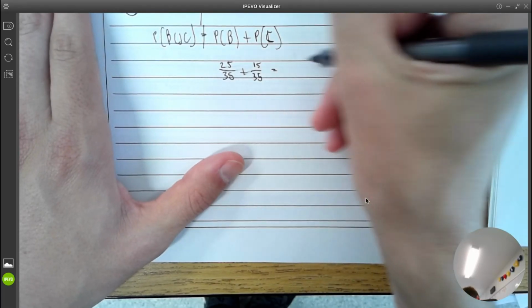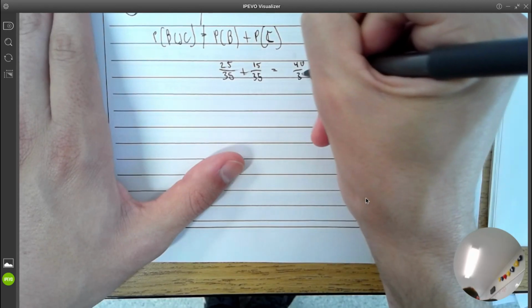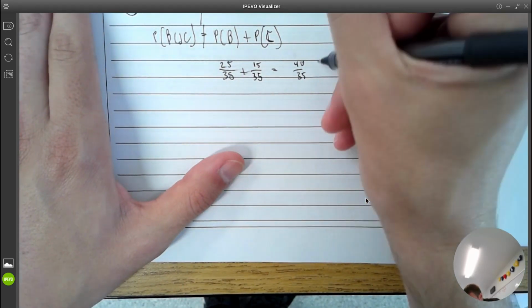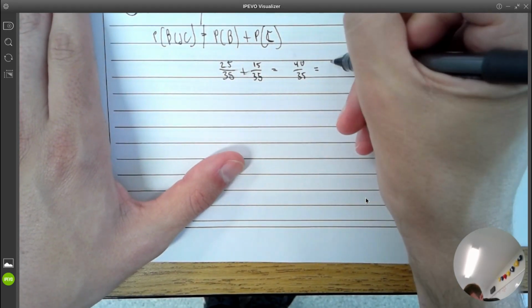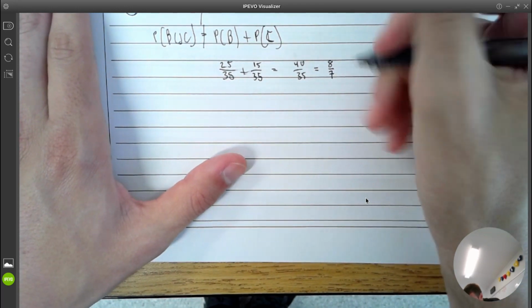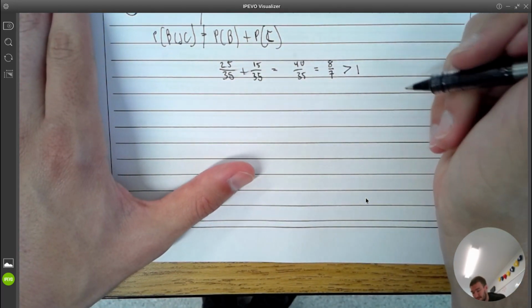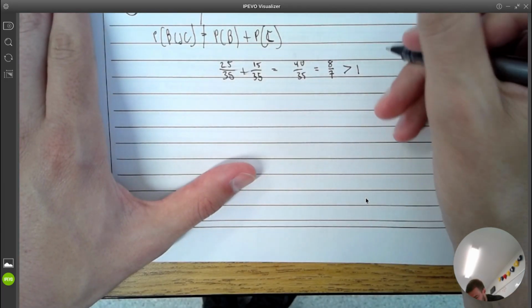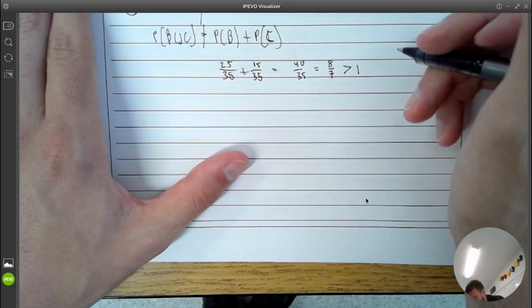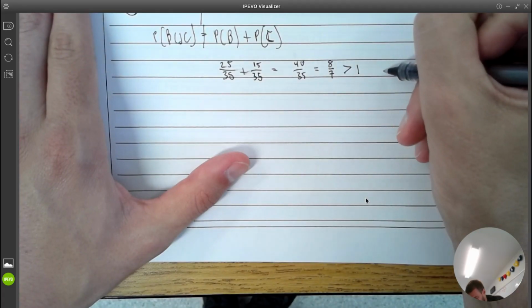And if we add those up, we get 40 out of 35, also 8 out of 7. This is a number that is greater than 1. You cannot have a probability greater than 1. And so this is going to be impossible.